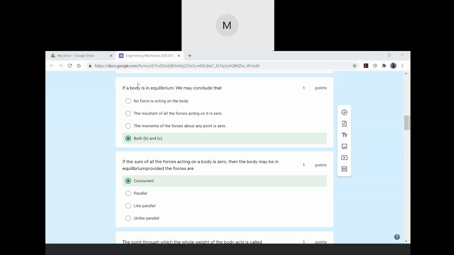Many forces acting at a point. That means each line of action meets at one same point, basically. If the lines of action meet at the same point, then the forces are called concurrent.